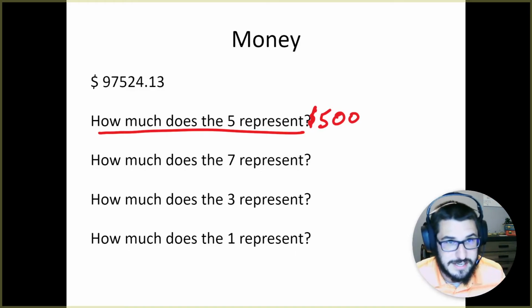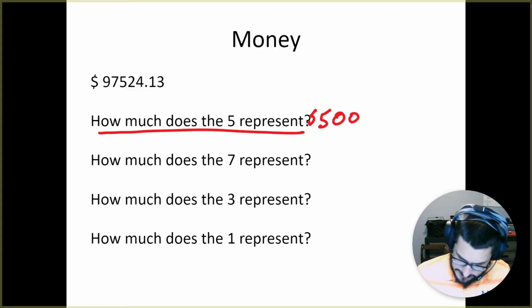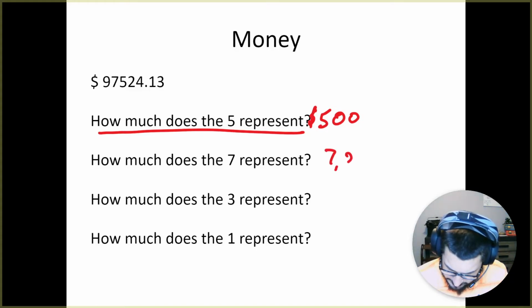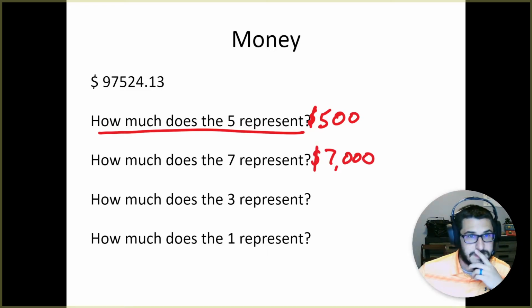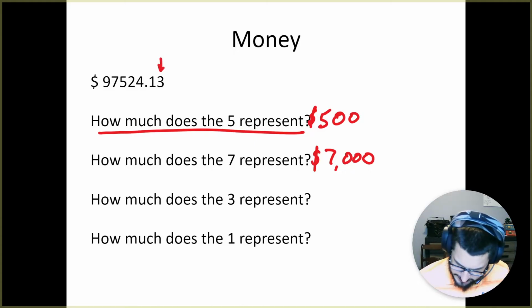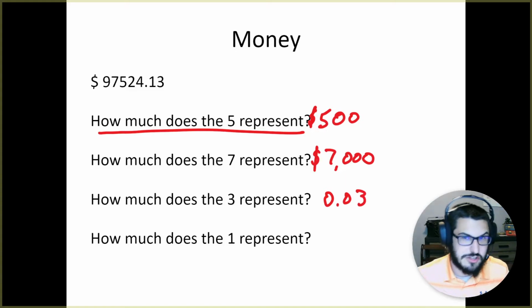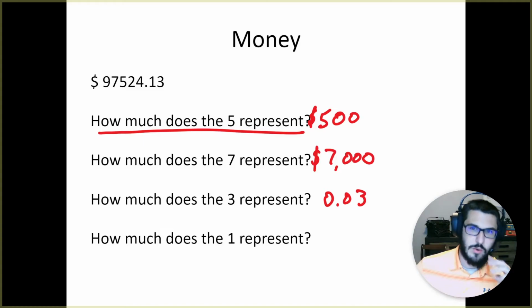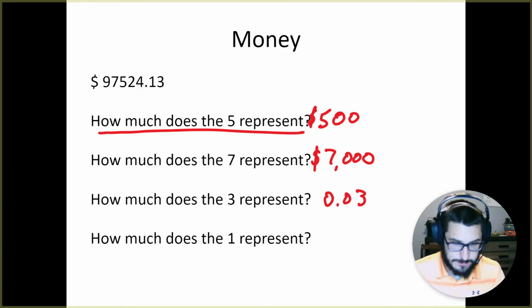Then the 7, the number right in front of that, tells us that there is $7,000 here. The 3 here at the very end tells us that there's 0.03. So in other words, 3 cents, okay? Or 3/100ths of a dollar.